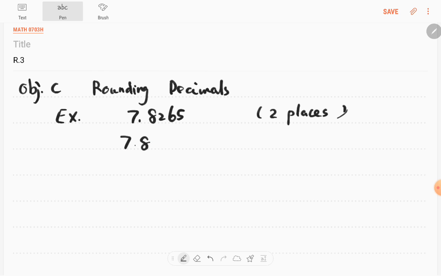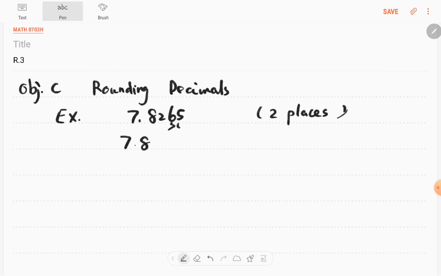We should check the third decimal place. So here it will be 6. If this number is greater than 5 or equal to 5, we just add 1 to the second place.